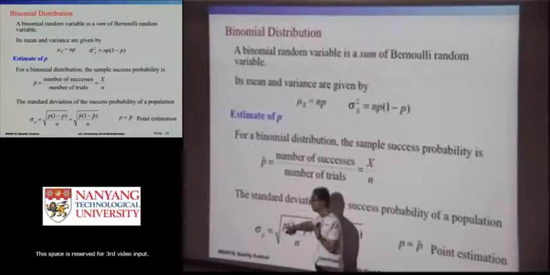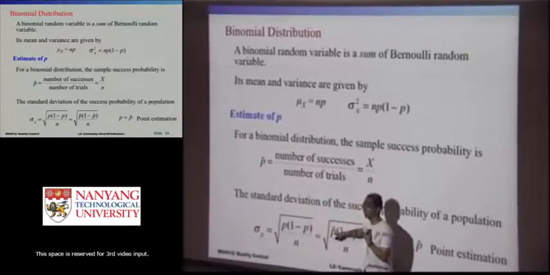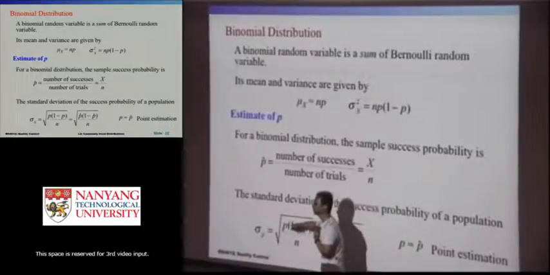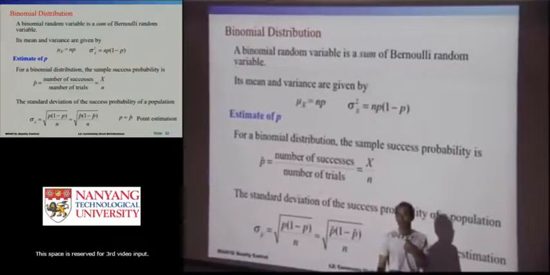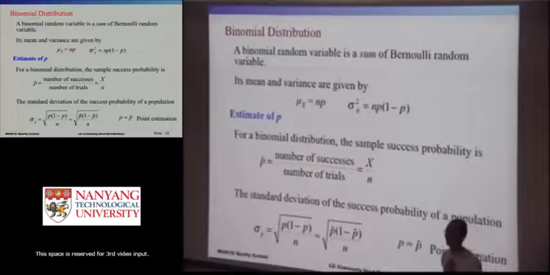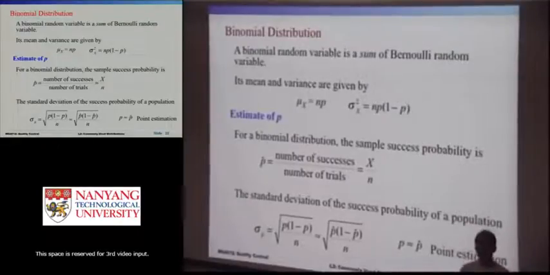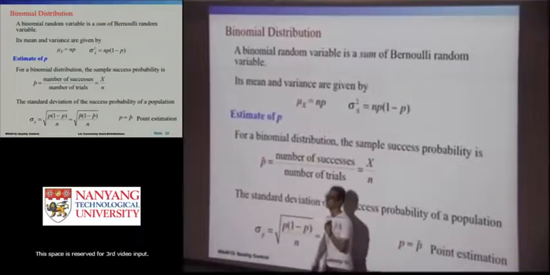But when this quantity is not available, we just use the successful probability of the sample. From this step to this step, this is the approximation. When we run our choice, we use this approximation. If we know the true value of p, we should use its true value.